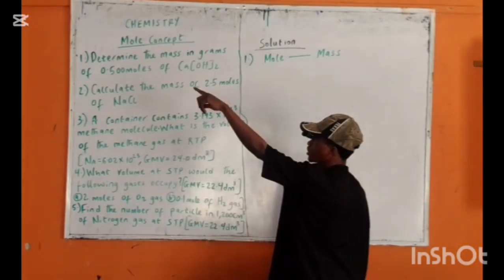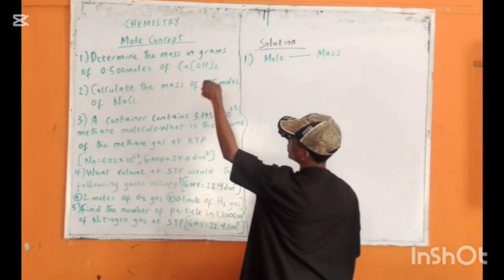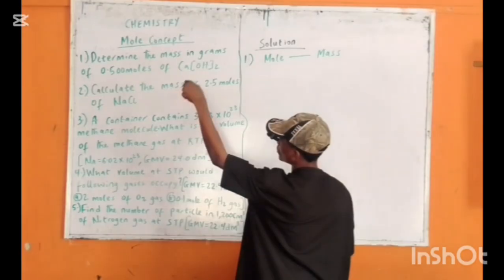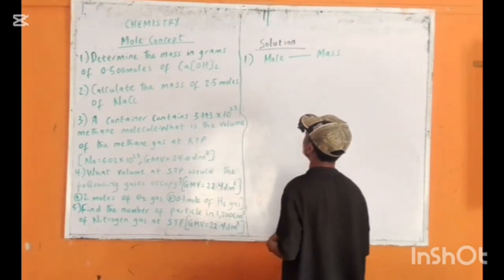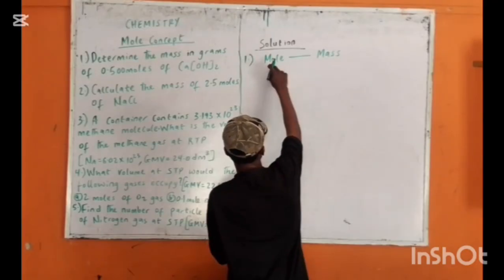So the question says determine the mass in grams of 0.500 moles of calcium hydroxide. We are relating mole and mass.